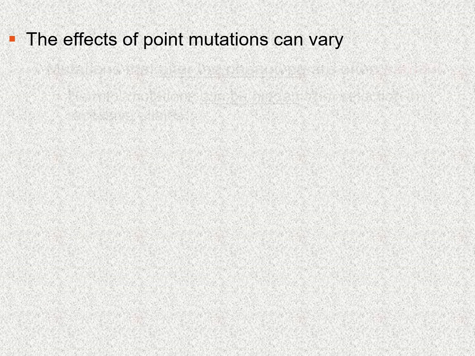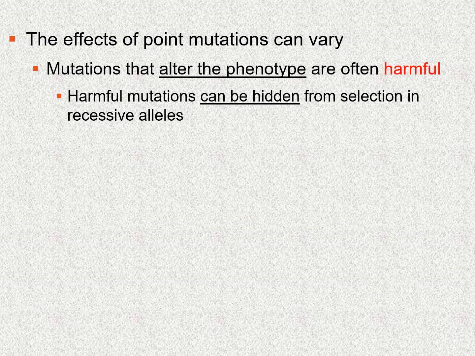All right. So the effects of point mutations can vary, and I already kind of talked about that in terms of development. Now, mutations can alter the phenotype. This is usually harmful. This is usually not a benefit. Harmful mutations can be hidden from selection in recessive alleles, so in the heterozygotes.